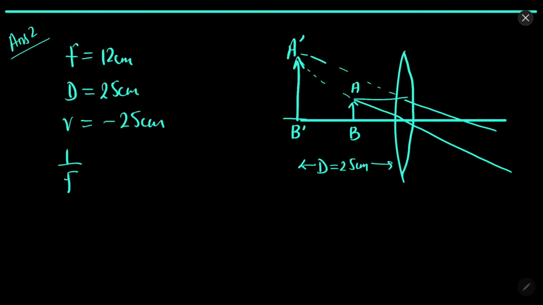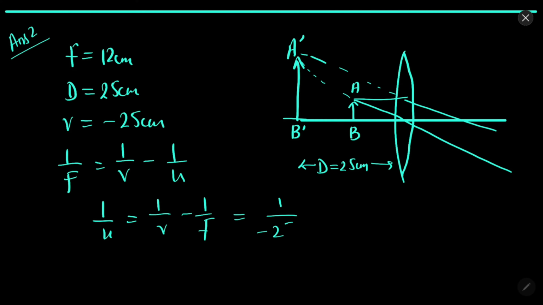So by the lens formula, remember in the lens formula there is a minus. From here 1 by u will be equal to 1 by v minus 1 by f. Now let's put the values: 1 upon minus 25 minus 1 over 12.